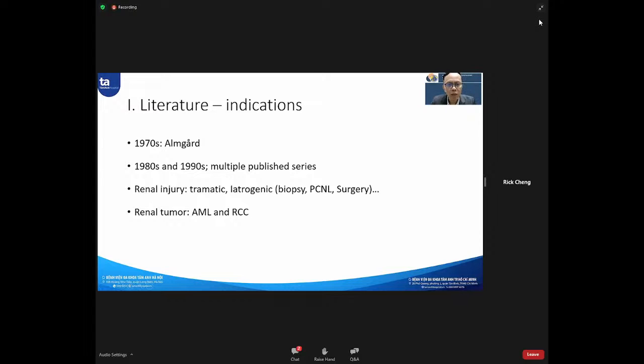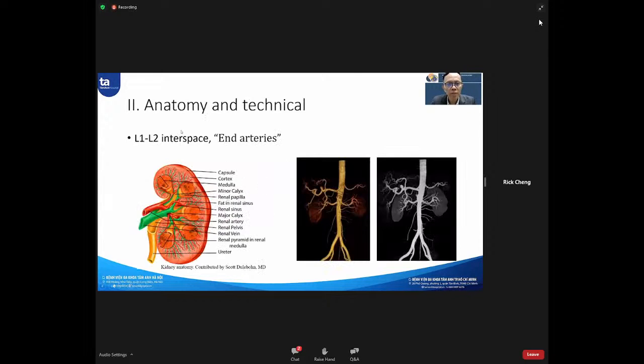The first, renal injury, for example, traumatic or iatrogenic, for example, biopsy, PCNL. And renal tumor, it means embolization for AML and RCC. Today, I present about the AML and RCC.